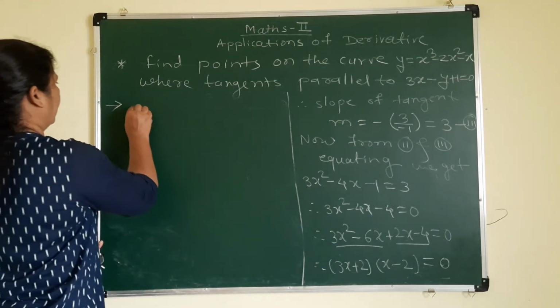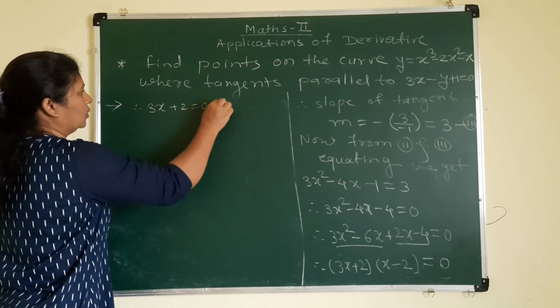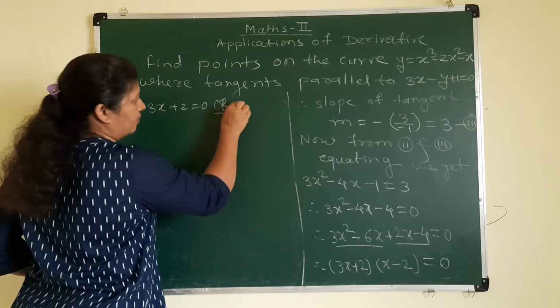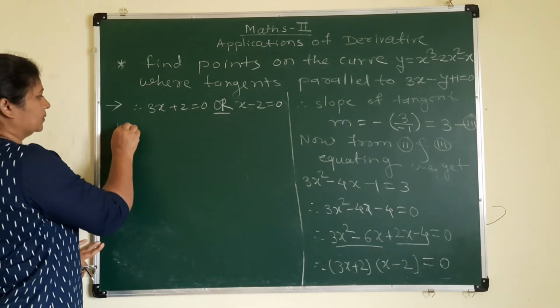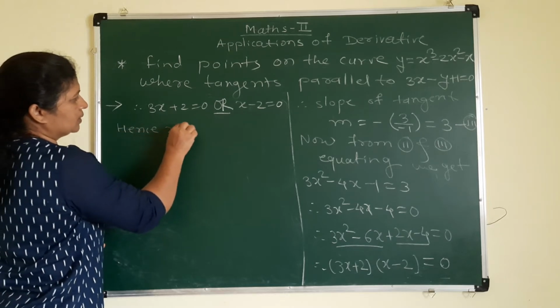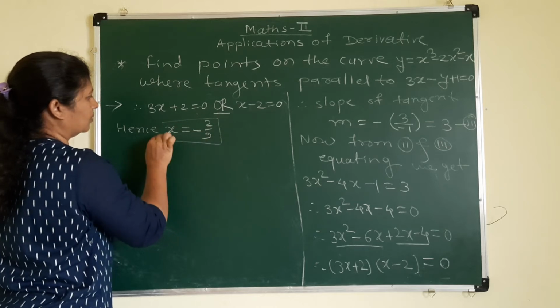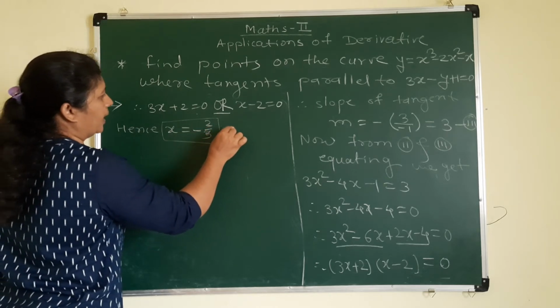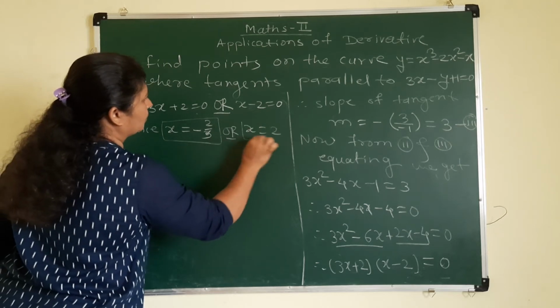So therefore 3x plus 2 is equal to 0, or the second one, x minus 2 is equal to 0, and hence x is equal to minus 2 by 3. This will be the first value, or second value is x is equal to 2.